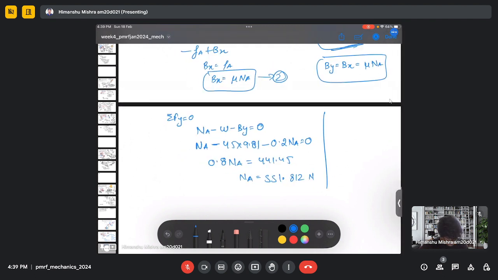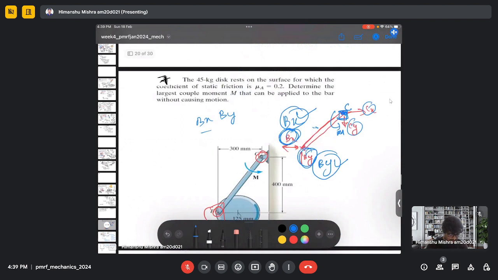So my By equal to Bx will be 0.2 multiplied by NA, which is 551.812. So my By and Bx will be 110.36 Newton. So now we have calculated Bx and By. Then now we consider this rod only, and we can do the moment balance analysis.